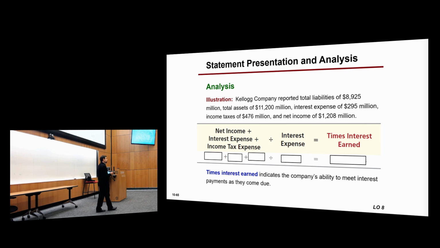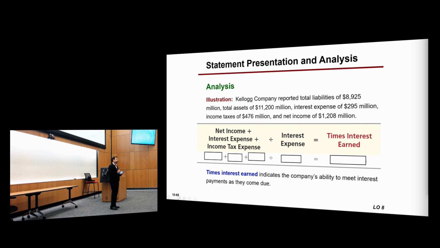Debt to asset ratio identifies basically the company's ability to pay their debts. Times interest earned is to look at the company's ability to pay their interest, their interest expense basically, to pay the interest that they are supposed to pay due to their loans and stuff like that.